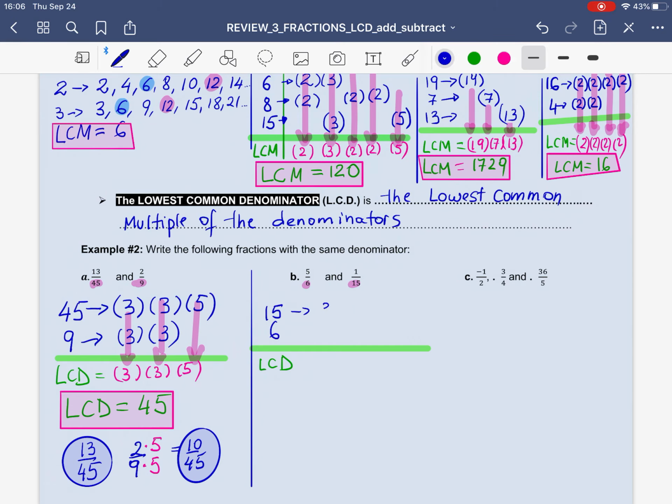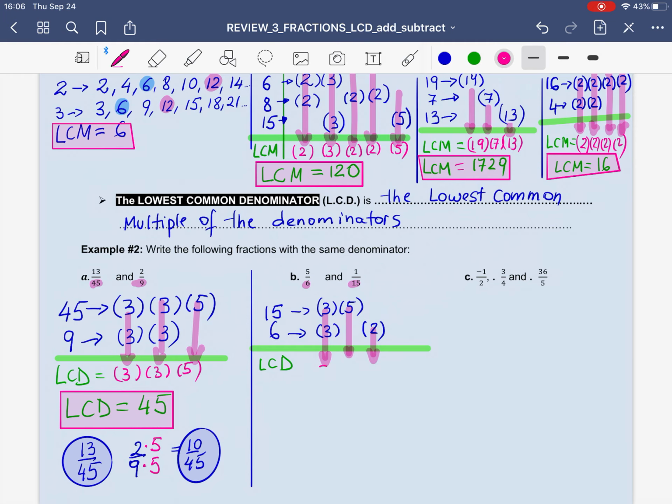Number 15 has the prime factors 3 and 5. Number 6 has the prime factors 3 and 2. So 2 didn't appear anywhere in here, so it's going to need a new spot here. So we're going to say that we have 3, we have 5 to bring down, and we have 2.